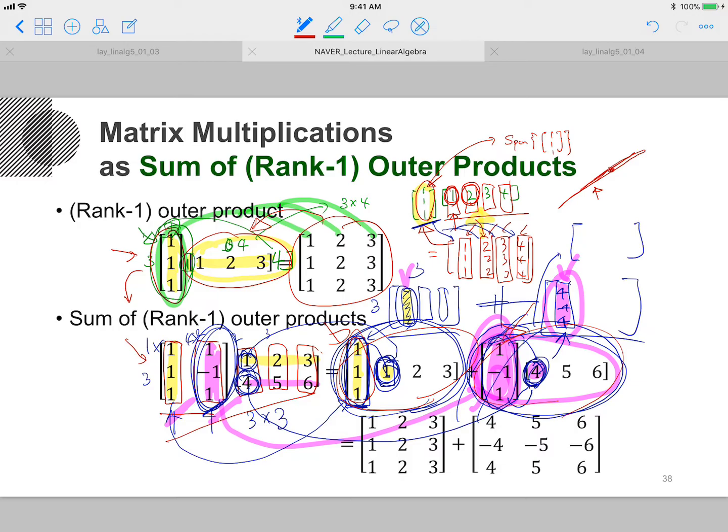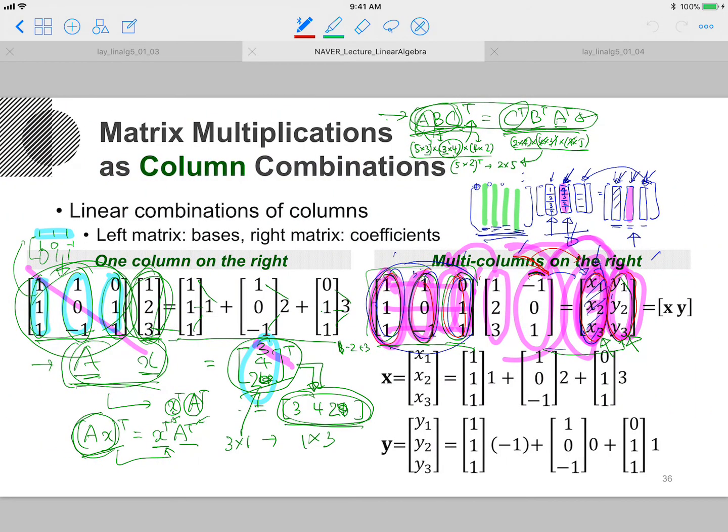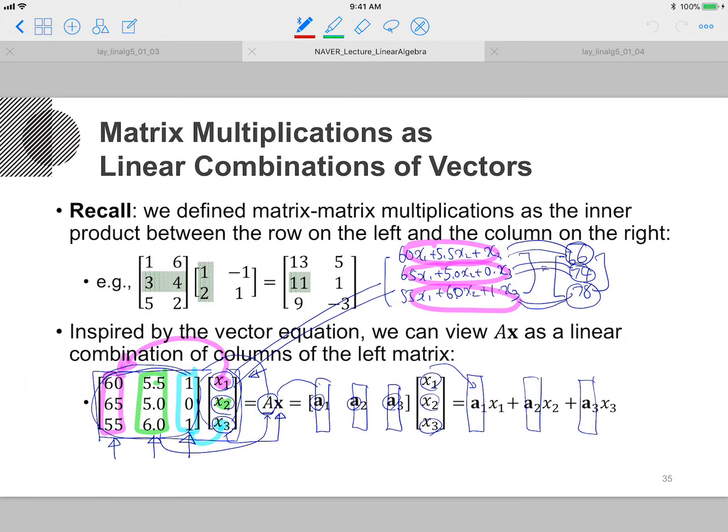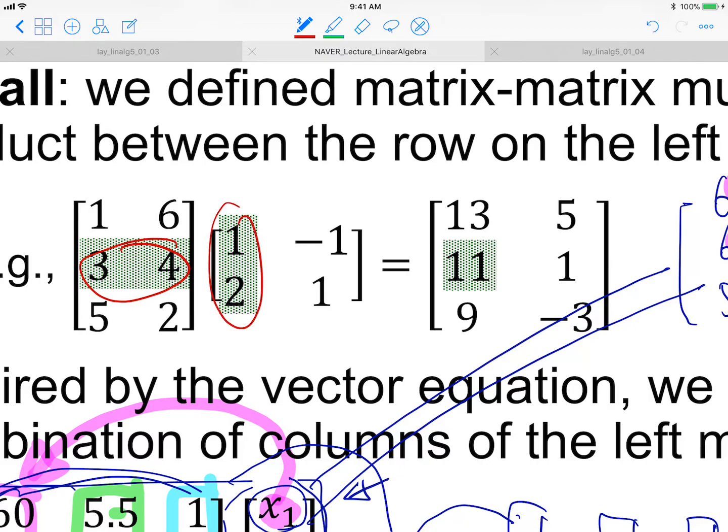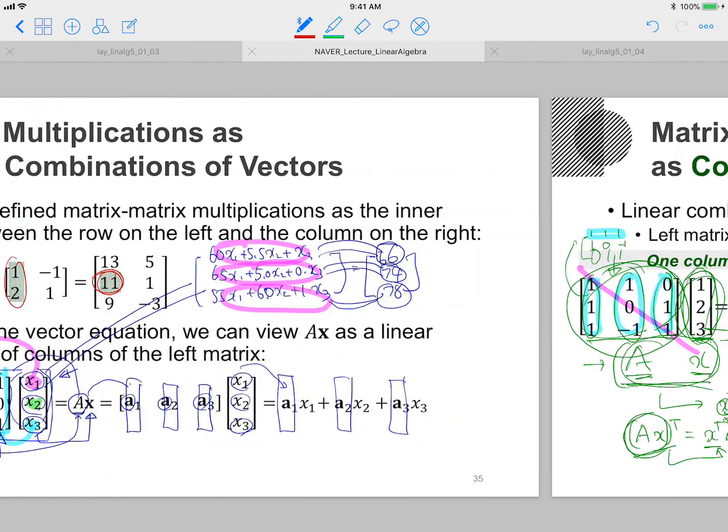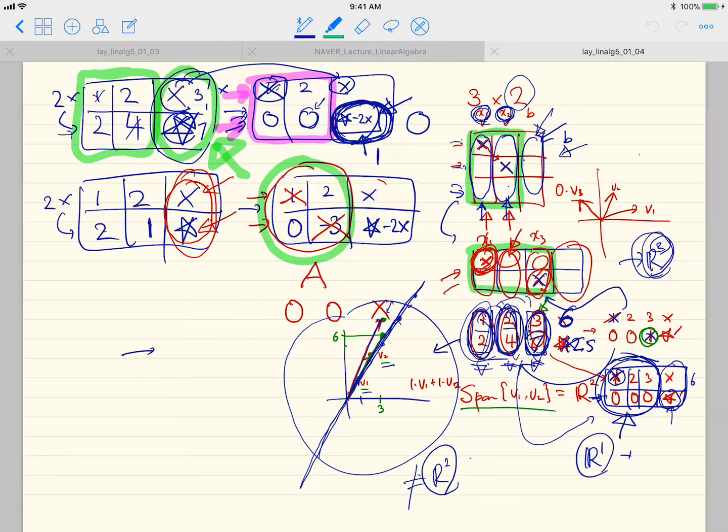And also as a sum of rank 1 outer products. So it's 4 different views, but the first view is really simple. This guy and this guy will form this one, right? It's all based on the inner product, and I think you already know about this.